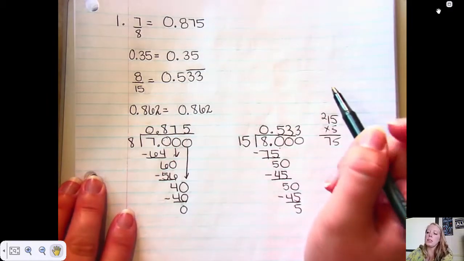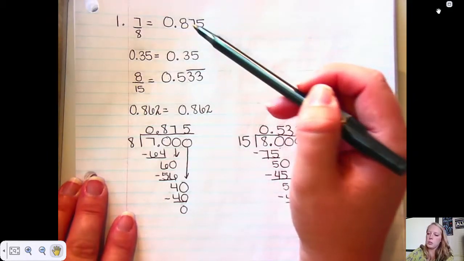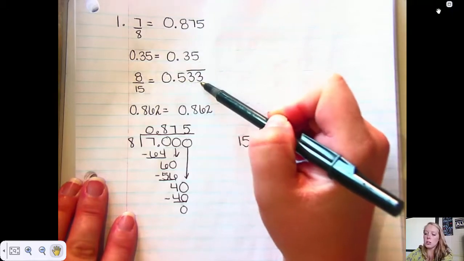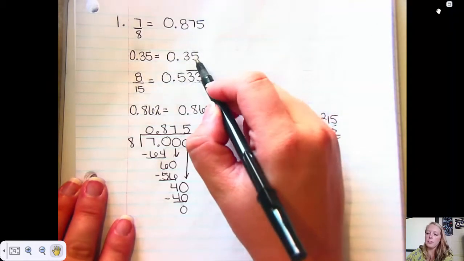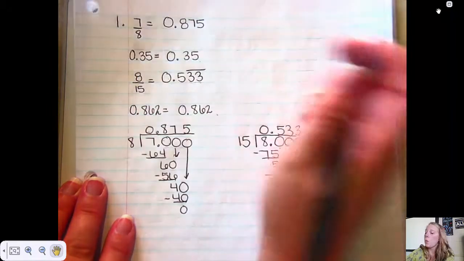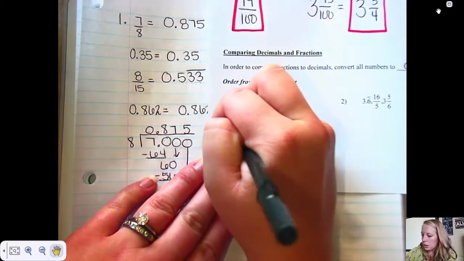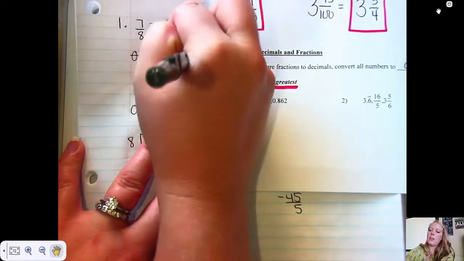Order these from least to greatest. Well, think about these not as decimals. 875, 35, 533, 862. Well, the smallest would be 35, and it was originally 0.35. So I'm going to go back to my paper. 0.35 is the smallest. I cross it off there, cross it off here.